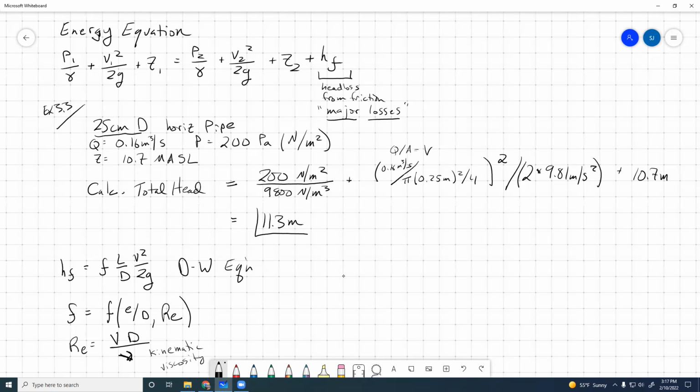So the greater the viscosity, the lower the Reynolds number for a given velocity. The thicker the fluid is, and we're just dealing with water in this case, but it is a function of temperature. As temperature increases, viscosity goes down. As temperature decreases, viscosity goes up. So for really cold water, the Reynolds number can be lower and less turbulent because it's thicker, quote unquote. It's more viscous.